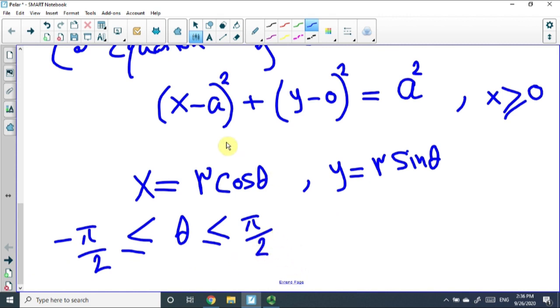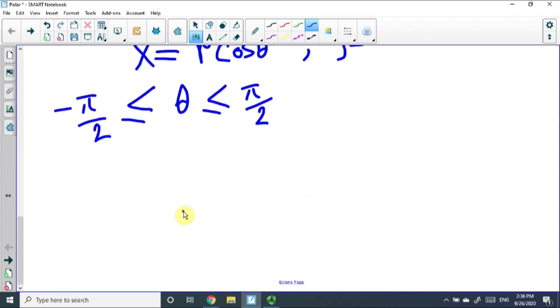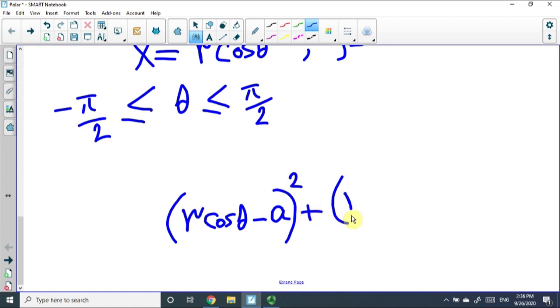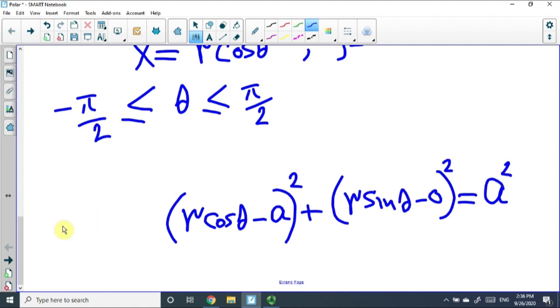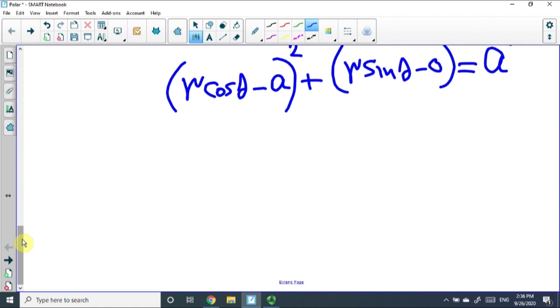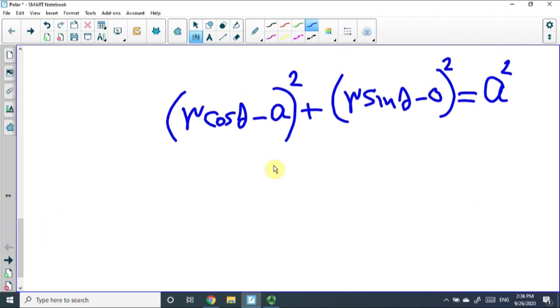Now we just substitute the values of x and y in the equation and simplify it to find the equation of the circle. So we have r cosine theta minus a, squared, plus r sine theta minus 0, squared, equal to a squared. With a little mathematics, you can simplify this equation, and I will leave one step for you to prove.